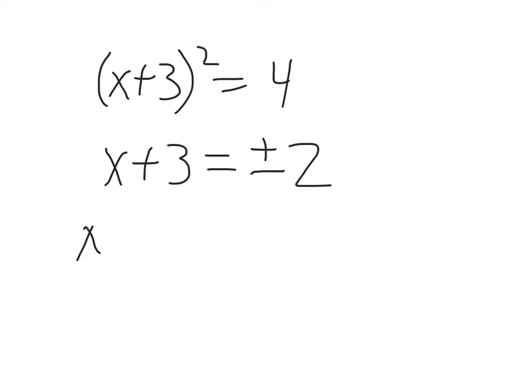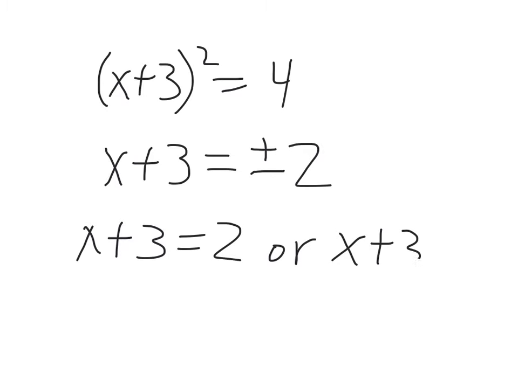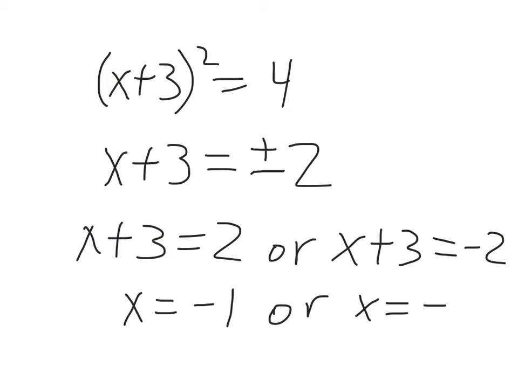So we get two different equations, and we find our two answers. Subtract 3 from both sides, we get x equals negative 1, or x could be negative 5.